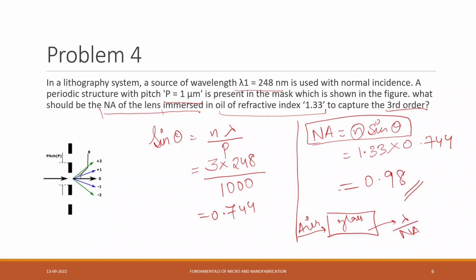You have to tell how much the resolution of the system is. I hope you are asking about the resolution of the system, like any lens or something.